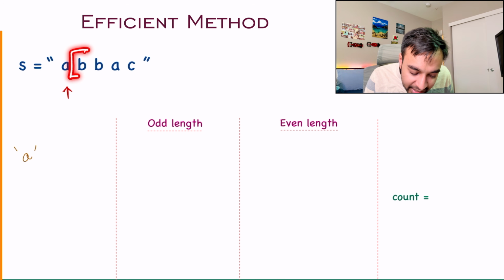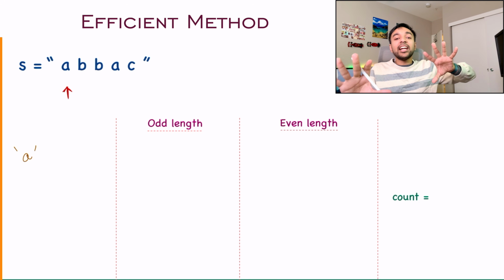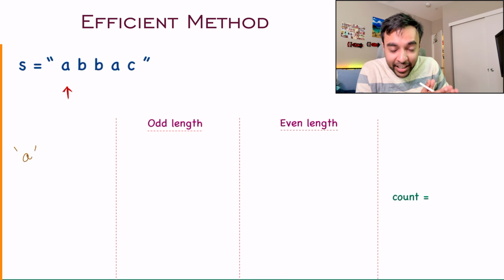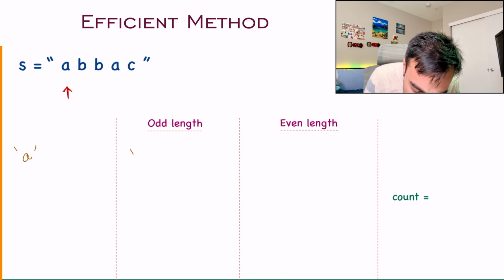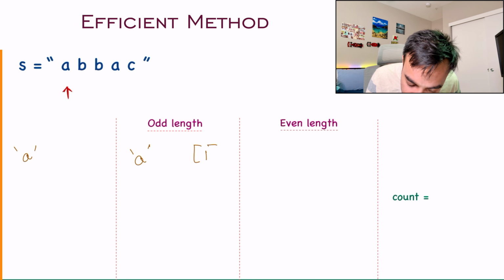So you look at the next character B and the previous character. It does not exist, right? So they are not the same. You can stop right over here and say that I do not find any other odd length palindromes. But you did find one odd length palindrome, and that has the length of 1, right? So you only found one palindrome that has an odd length. So the count over here was 1.